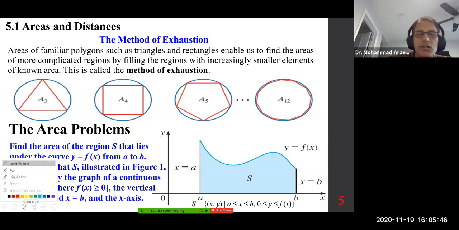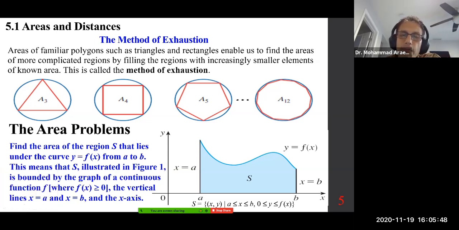If I cut this into 4 subintervals, delta x is b minus a over n, and in this example it would be over 4. This is delta x, everybody.